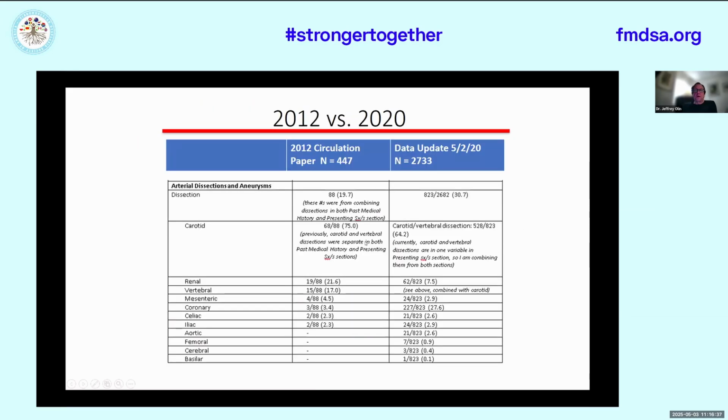But I looked at our data from 2012 versus 2020. At that time, we had 2,733 patients. And I just want to point out one thing about this: if you look at coronary involvement in the original paper, it was very, very low. If you look at coronary involvement in the updated paper, it was 27.6%.